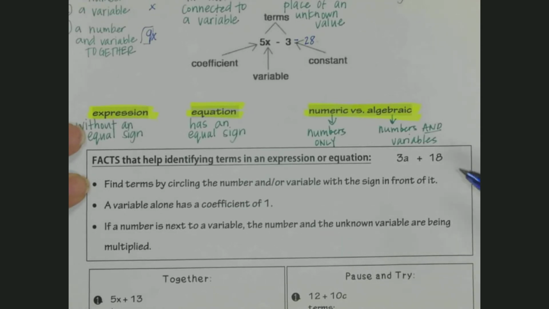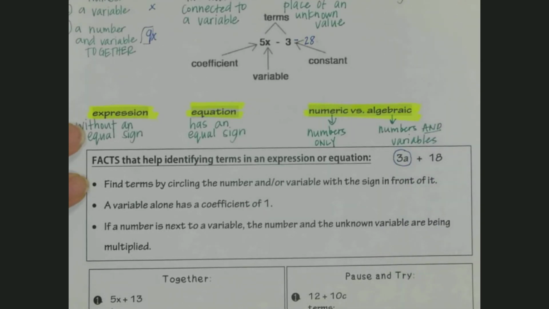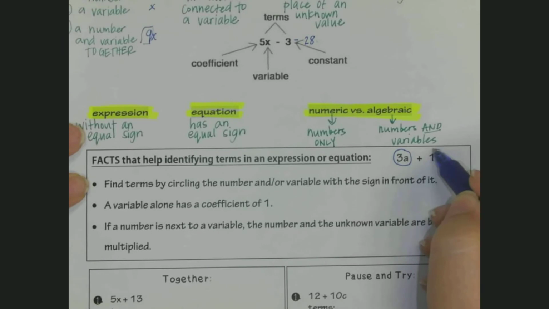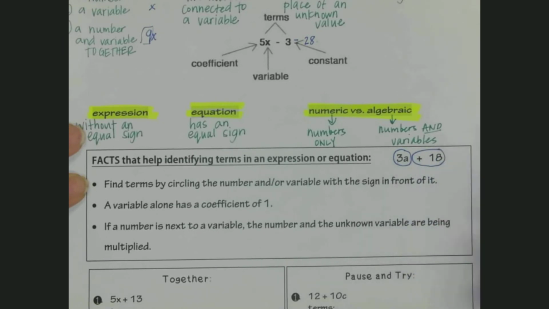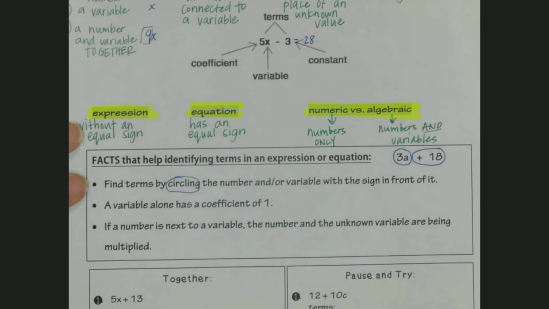So if I look at the example, 3a plus 18, 3a is a term all by itself, okay? And it's a term because it has a number and a variable connected. And then the positive 18 is a different term, okay, because it is a constant. It's a number all by itself. Okay, so that's what we do. Find terms by circling the number and our variable.